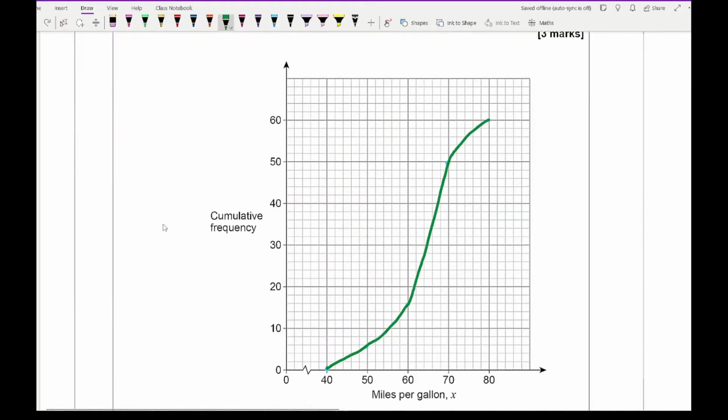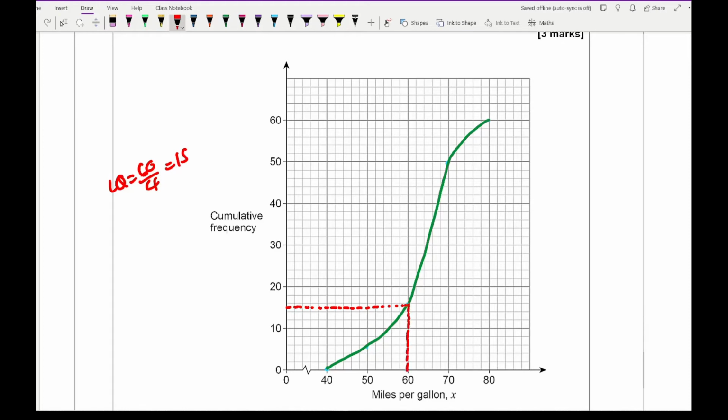So my lower quartile is going to be at 60 divided by 4, which is 15. So I'm drawing a line at 15, and it looks to me to be about 60.